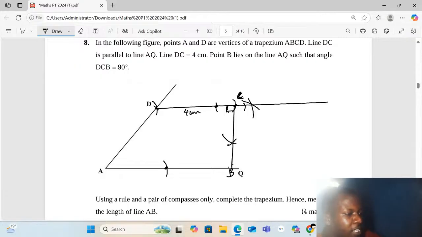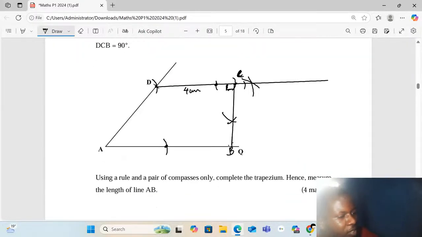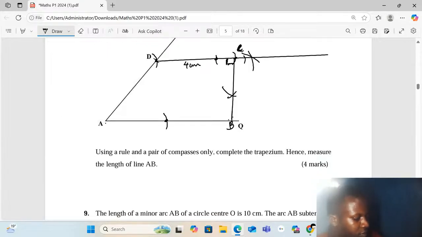Now we have points D, C, B, so we've completed the trapezium. The question asks, measure the length of AB. So we simply measure from A to B.